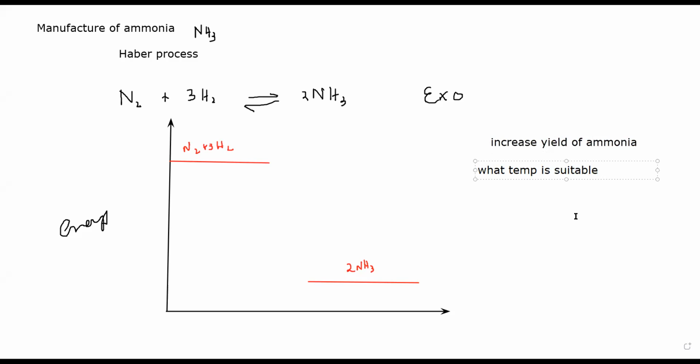That's right. But even though low temperature is suitable for this reaction, the temperature which we use is around 450 degrees centigrade, which appears to be a high temperature. What is the reason why this temperature is used?